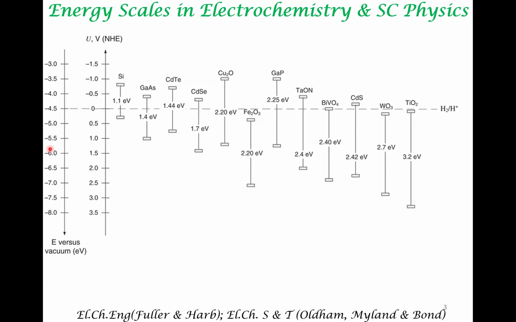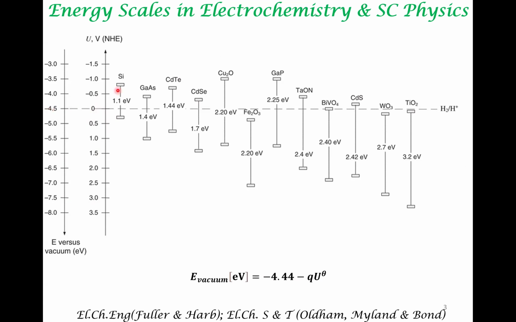We won't elaborate on that, but this scale is related to the electrochemical scale using this equation. We won't go into the basis for this equation. Again, that involves a lot of statistical mechanics. Without going into that, we are just going to mention that there is a way of converting this scale to this scale. How do you intuitively think about this?